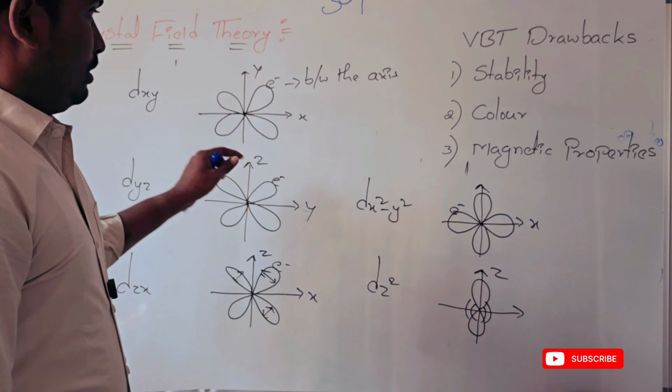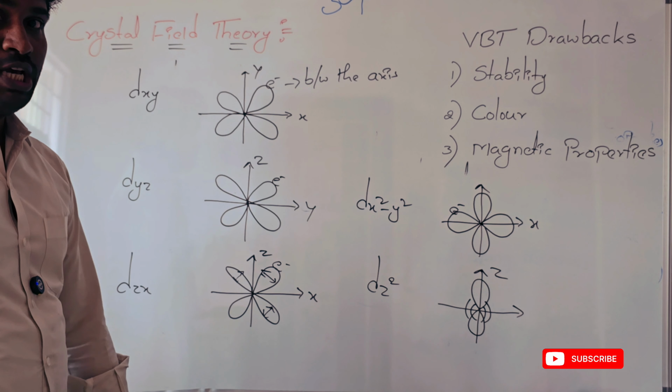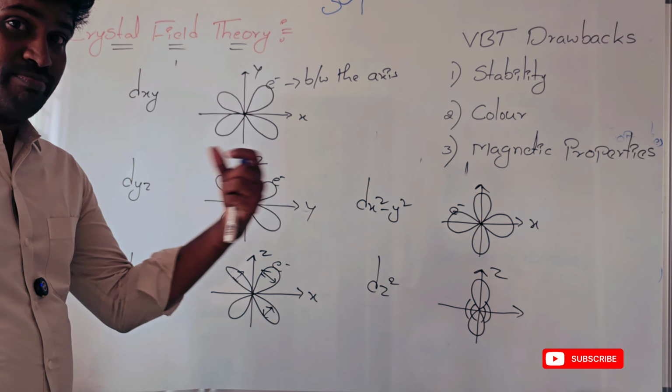So the crystal field theory explanation is based on the revolving of electrons in the complex compound and the approach of ligands towards the metal atom.